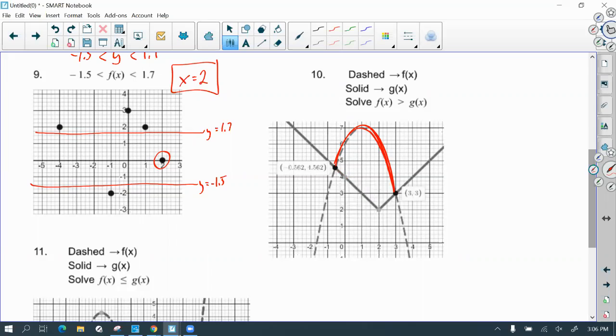So now the solution is, what x value produces these y values? Boy, that's hard to read. So everything greater than that x value, so greater than negative 0.562, all the way to that x value.